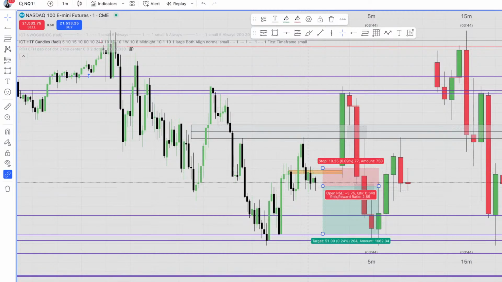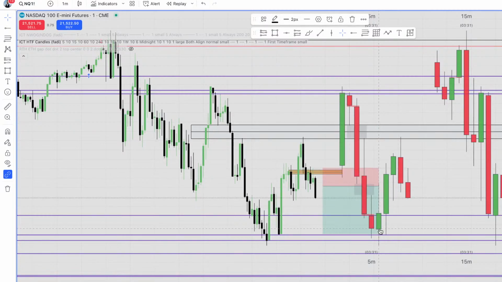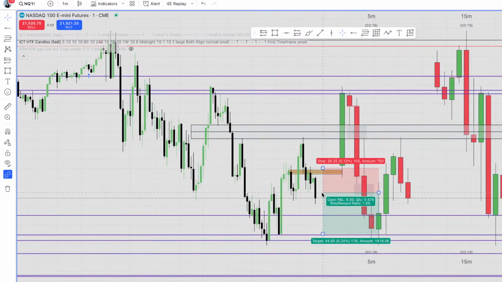I'm aiming for these equal lows right here. Come on, close below. So it's going to be tricky either here, or I'm going to be greedy and put it here if it closes below.